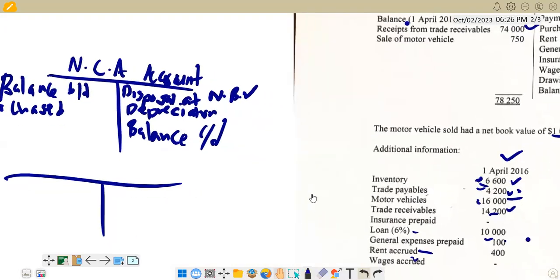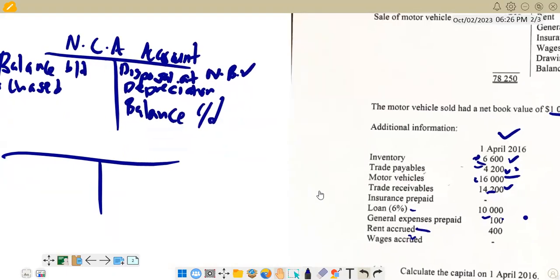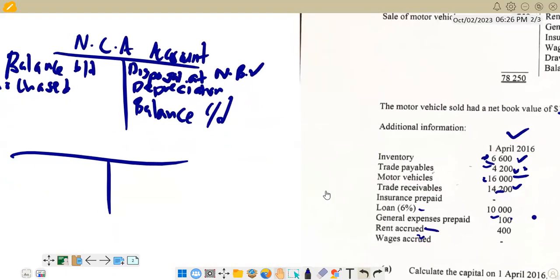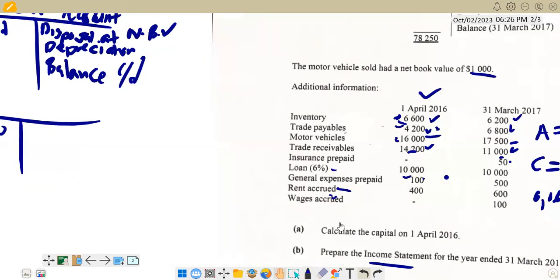Non-current asset, the figure for motor vehicles, we have 16,000 at the beginning. So that is the BD at the beginning, 16,000 on the debit side. Then we try to find the CD at the end for motor vehicles. CD at the end now for motor vehicles, we've got 17,500.